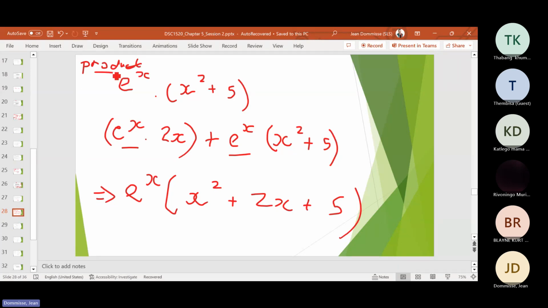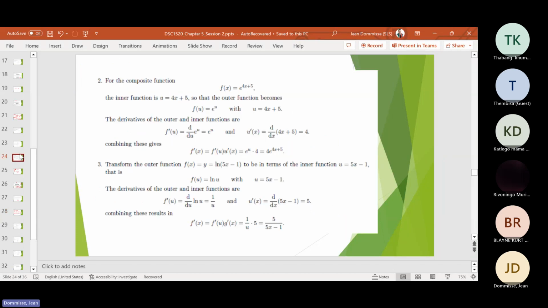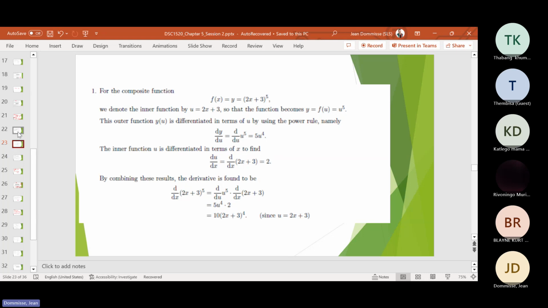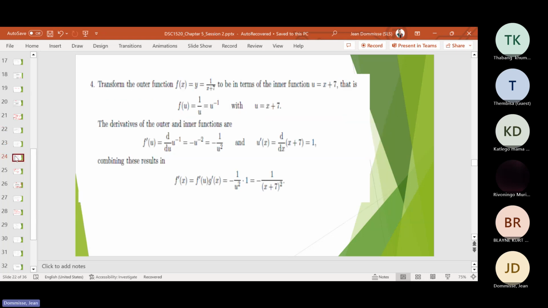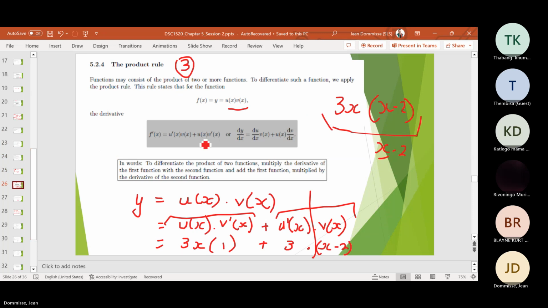So that is the product rule. Again, when you look at the product rule in the formula, it looks very daunting, but in simple terms you look at it and say: differentiation of the one times the other, plus the other times the differentiation.